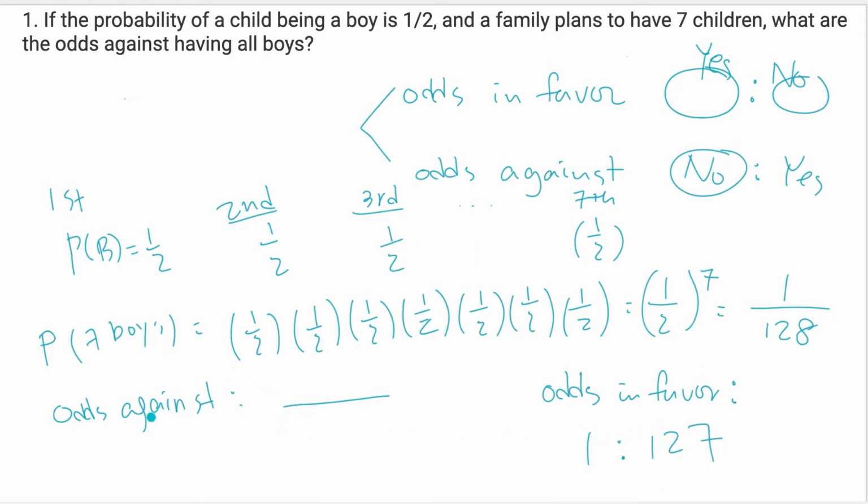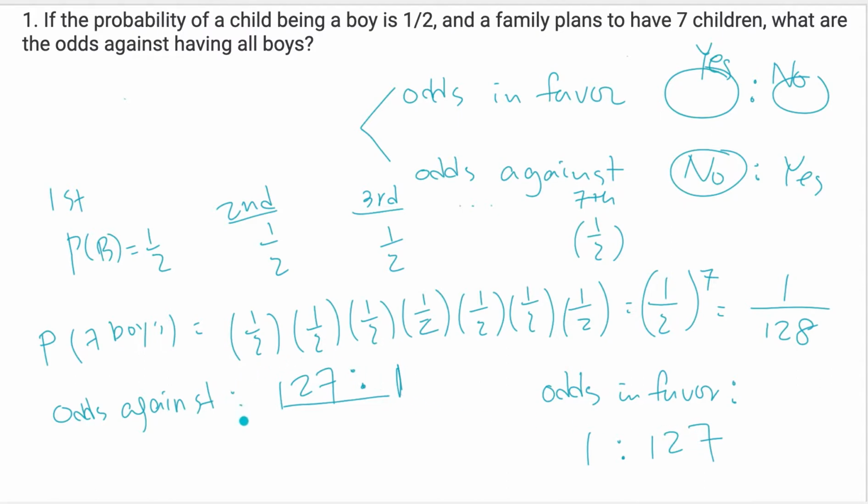Then what's odds against? That means that will not happen to that will happen, right? Out of 128 times, only 1 time that will happen. So in favor, 1 time it will happen, but the rest of it, 127, will not happen.